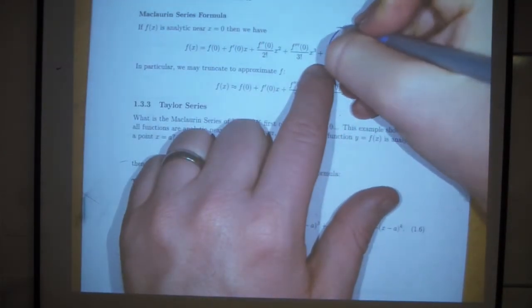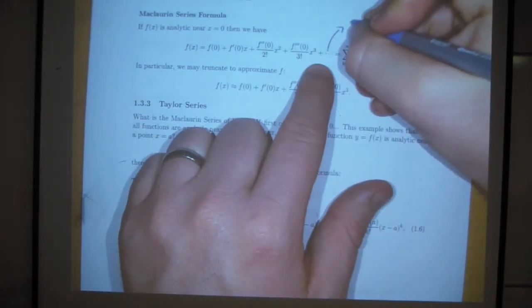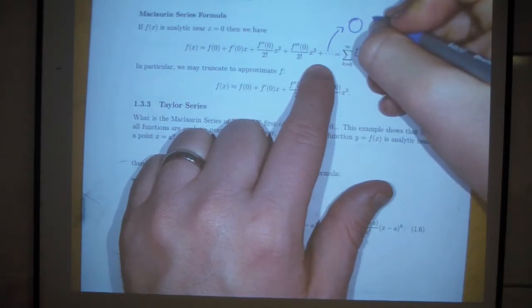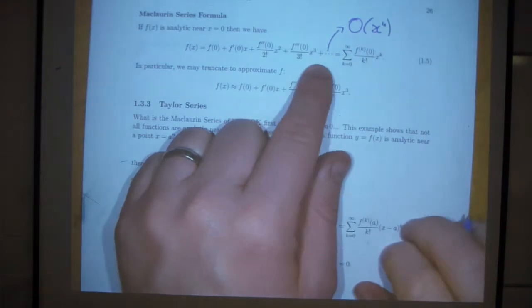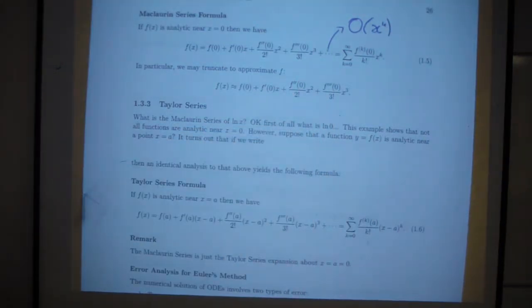All the terms in here are all multiples of x to the 4. I think you can show with a bit of work that although there's loads of them, like x to the 4, x to the 5, infinitely many, it is possible sometimes to show that they're all less than or equal to a multiple of x to the 4.